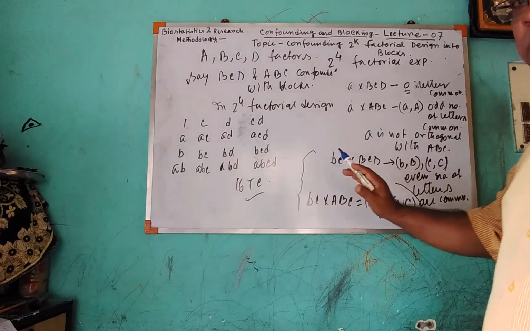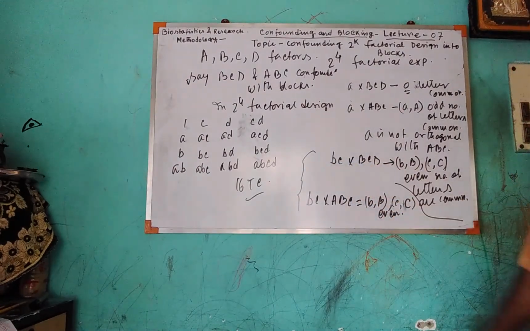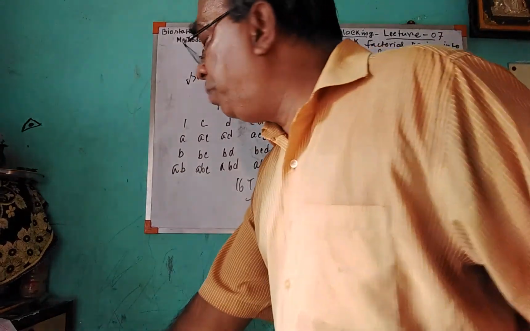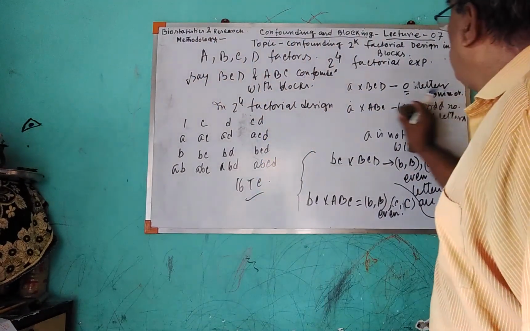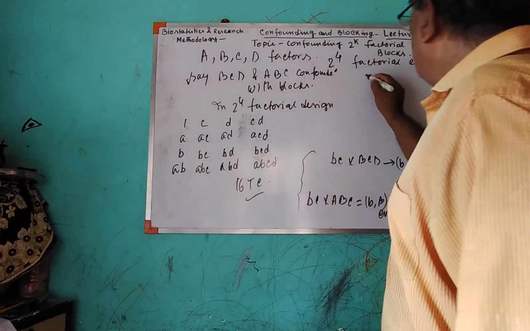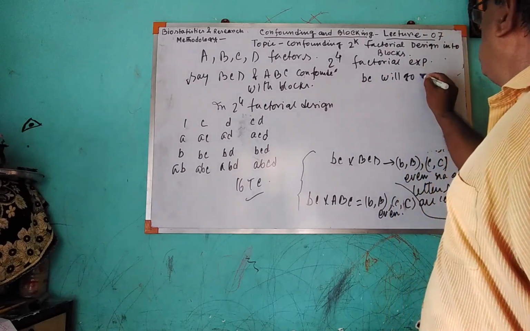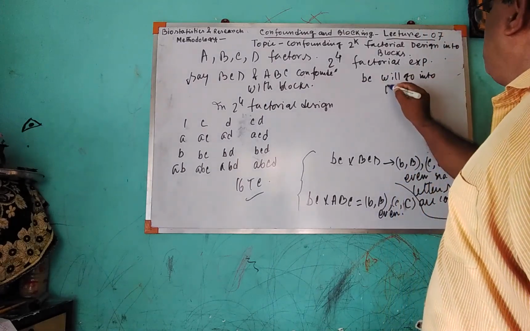So BC is orthogonal to BCD and BC is orthogonal to ABC. Confirmed, BC will go into the principal block.